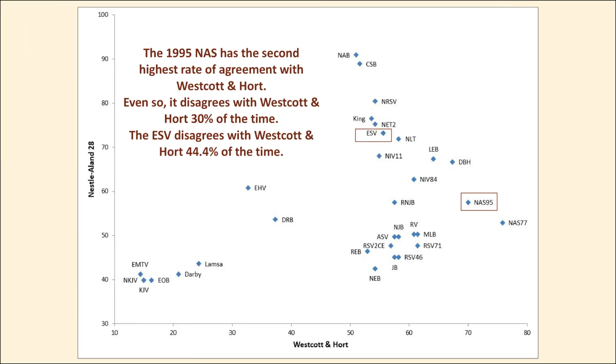This chart again shows percentage agreement with NA28 on the y-axis, but now agreement with Westcott and Hort is displayed on the horizontal axis. The 1995 NAS has the second highest rate of agreement with Westcott and Hort I've measured. Even so, it disagrees with Westcott and Hort 30% of the time.